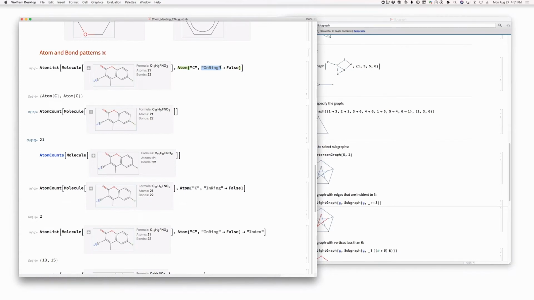Is that right? Right. A property can have a qualifier, just like an entity property. The property qualifier in this case is the string atoms. So you could ask for the molecule property formal charge, comma, atoms go to 1, 2, 3.